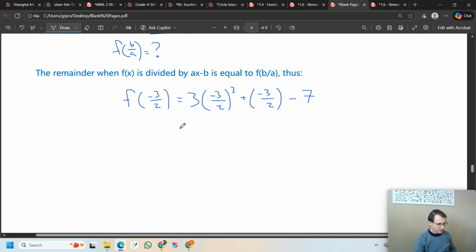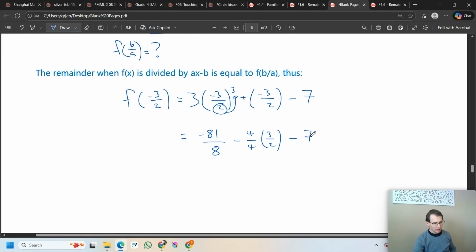So then this is equal to minus 3 cubed is minus 27. Minus 27 times 3 is minus 81 on 8 because we're 2 cubed. You've got to cube the numerator and denominator. Minus 3 on 2, but I'm going to multiply by 4 on 4. And the result is negative because I moved my negative out there. Kind of regret doing that. But I'm just going to scale it up so I get a common denominator of 8.